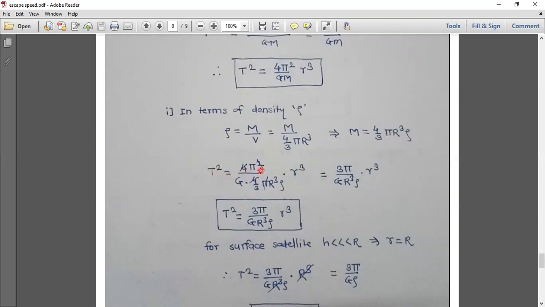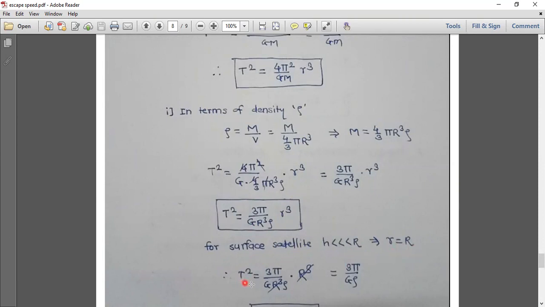So this T square is equal to 4 pi square by G. At the place of this m, I am substituting this value, 4 by 3 pi R cube rho, into r cube, and after cancelling, I am getting 3 pi by G R cube rho into r cube, and therefore T square is equal to 3 pi by G R cube rho into r cube. Clear?